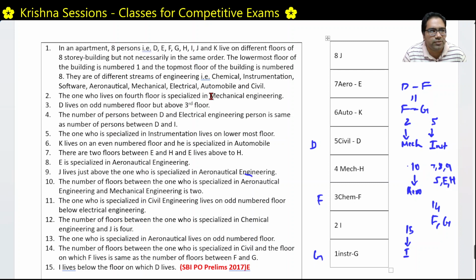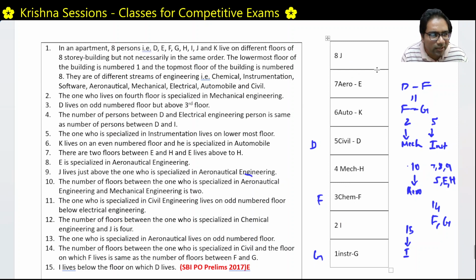Second condition we have used, mechanical engineering and the one who is specialized in civil engineering lives on odd number floor below electrical engineering. Who's civil engineering? Civil engineering is D. D is below electrical engineering. That means this cannot be electrical engineering. This has to be electrical engineering. We still did not figure out where electrical engineering is sitting.